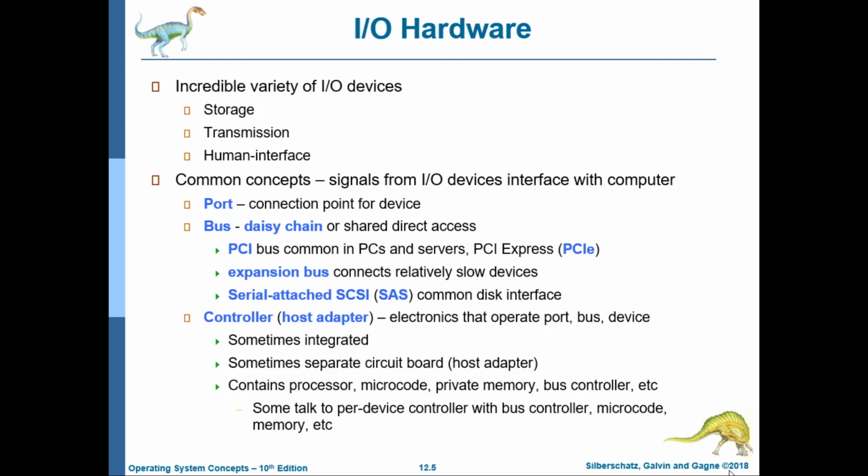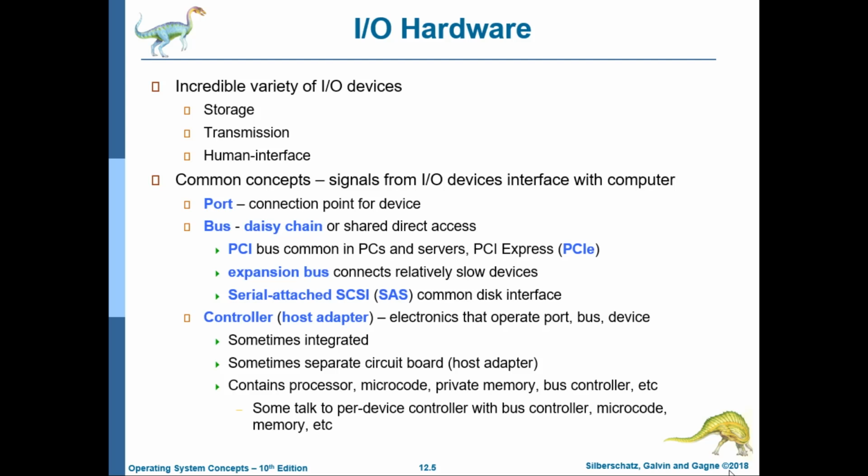Almost all laptops have Bluetooth, while typical desktop computers do not, so you need a Bluetooth dongle. That's an example of transmission. And of course, we have human interface devices such as the mouse, keyboards, and drawing pads.